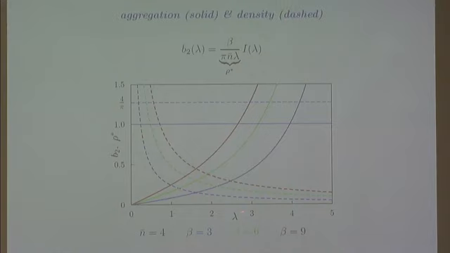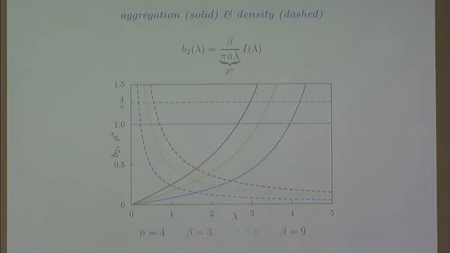And I started from 3 because we know that above 3, all the interesting behaviors predicted by the theory take place. Now, the solid line represents the aggregation parameter, which, as I said, for a given beta is a function of lambda, which is given here. So what you need to do, you need to stay below 1.